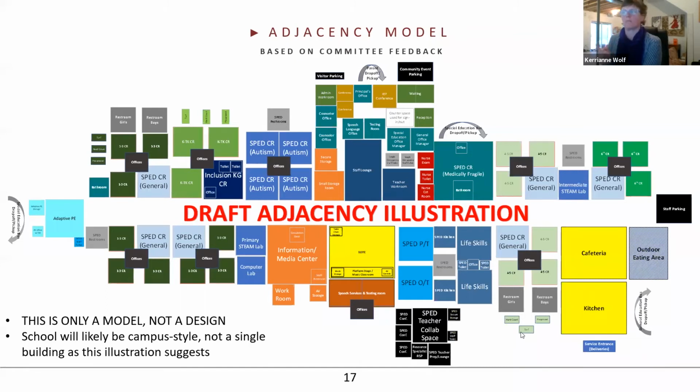I think what they really meant was, can you combine these spaces with the general ed spaces? I don't think people were saying we don't want conference space or collaboration space or a teacher lounge or storage. I think what people were trying to communicate to us is that we just want to take these spaces, this square footage, and add it to the general.